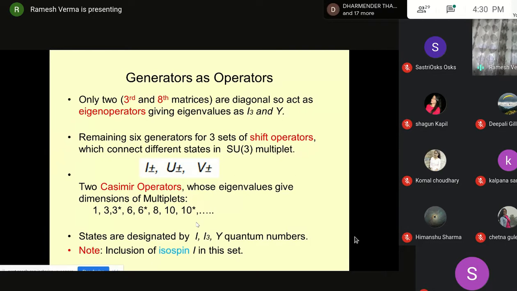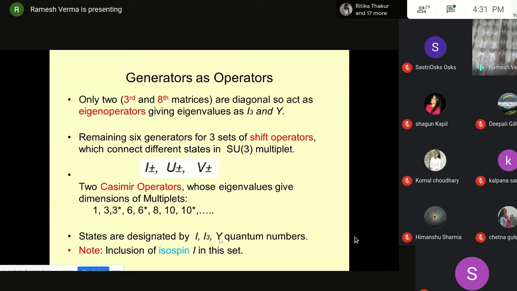Anyhow, coming back to the SU3 generator, we find that the states are designated. Obviously, we expect to use the eigenvalues of the I3 operator and the lambda 8 generator representing hypercharge to designate the state. But note here, it's very important.